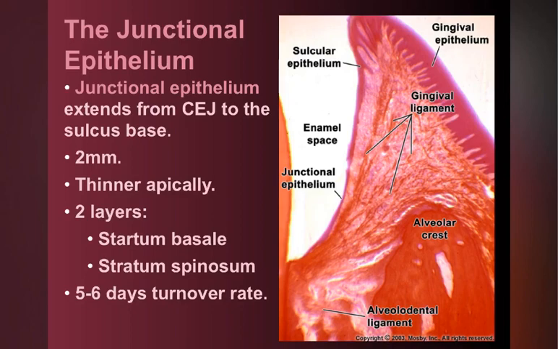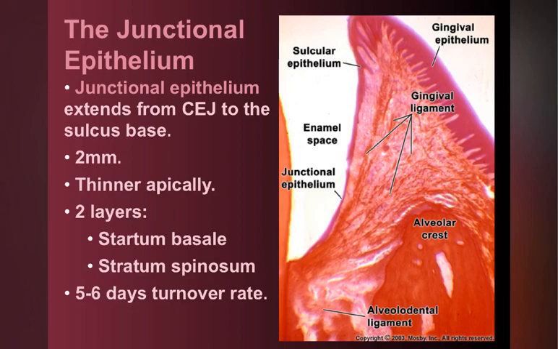The junctional epithelium extends from the cemento-enamel junction to the sulcus base, so it extends from here up to where we start to see sulcular epithelium. It's about 2 millimeters. It's thinner apically, meaning it's thinnest near the cemento-enamel junction.